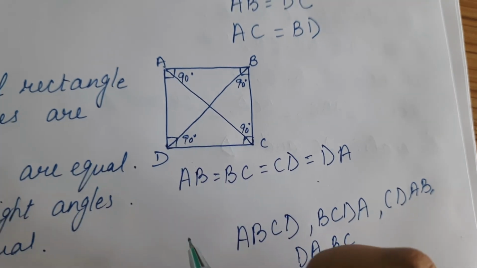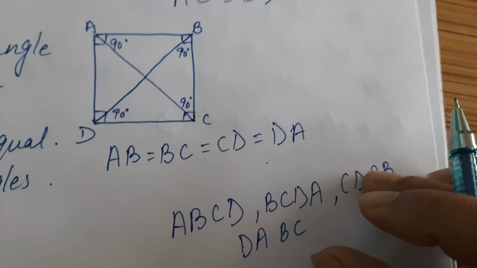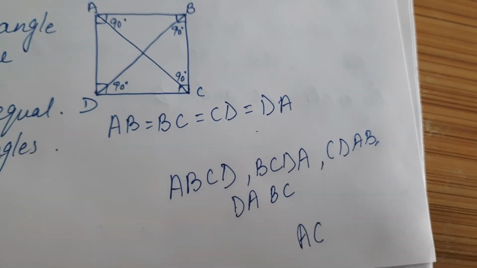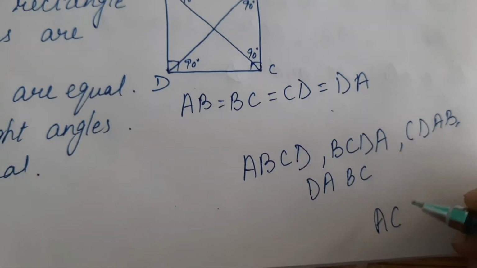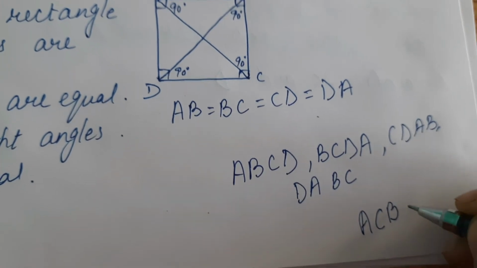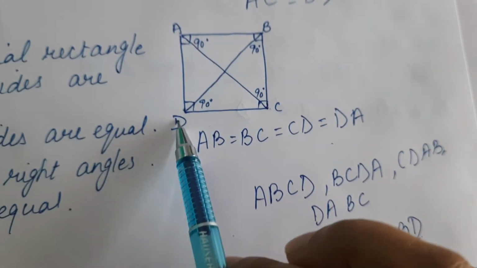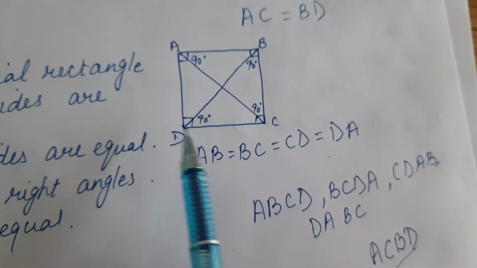Okay, all the vertices should be in order. We cannot write the name as ACBD. Okay, we cannot write the name of the quadrilateral as ACBD. We have to write all the vertices in order.